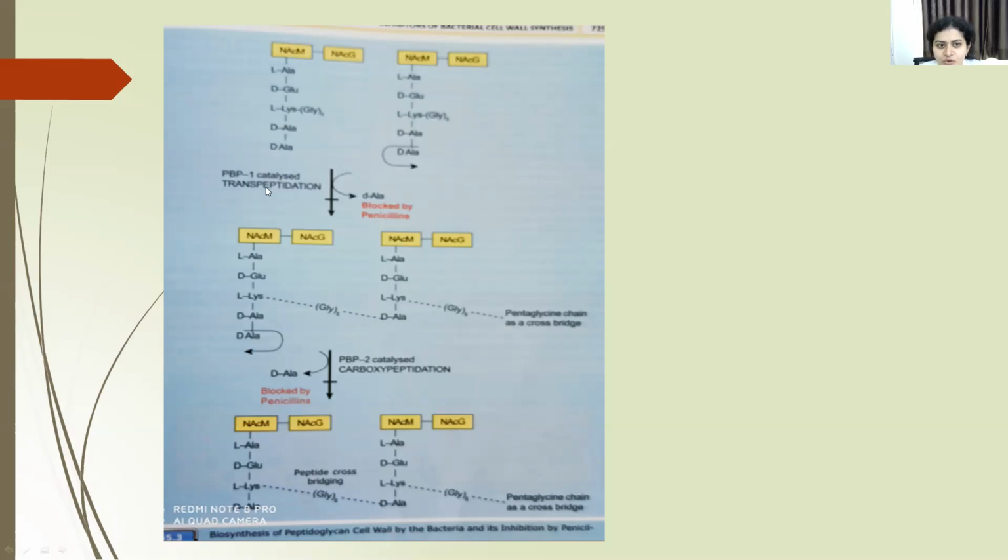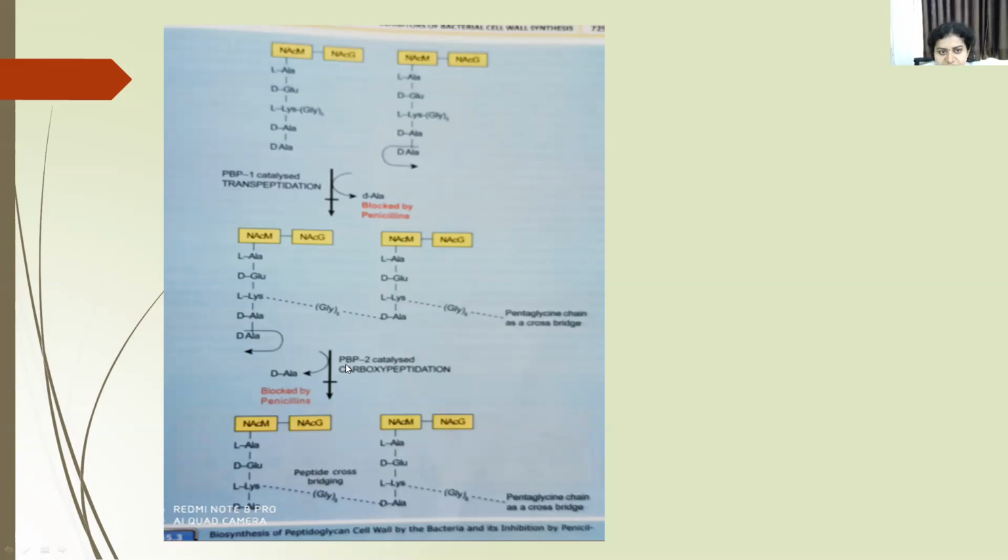So the first protein, penicillin binding protein 1, causes transpeptidation, which means it removes the terminal D-alanine and cross-links the remaining D-alanine with L-lysine of the adjacent peptide chain through the pentaglycine bond. In that way, there is a cross bridge between these two pentapeptide chains.